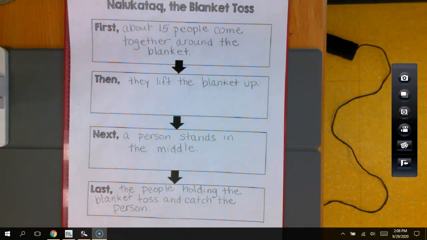So make sure you have that written. So there you go, boys and girls. We just sequenced how the Nalukataq completes the blanket toss.